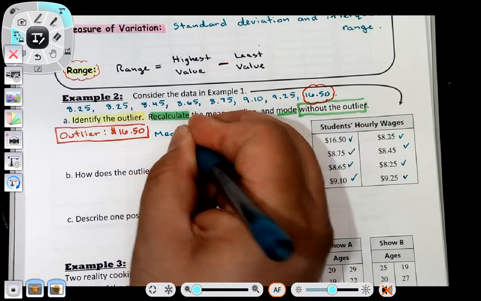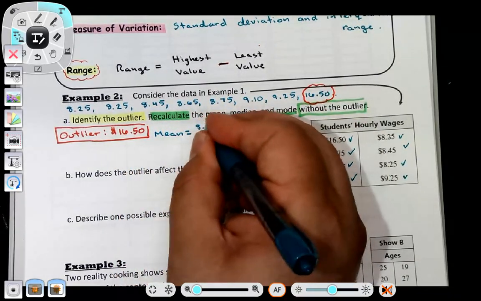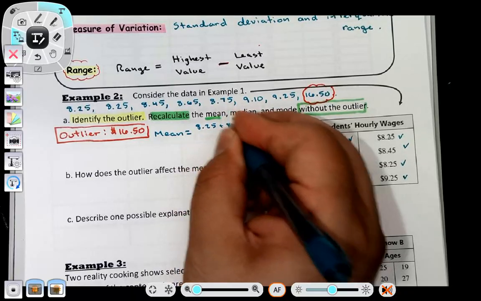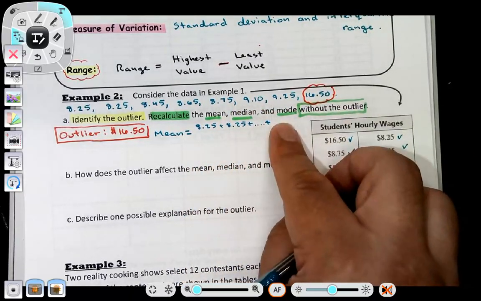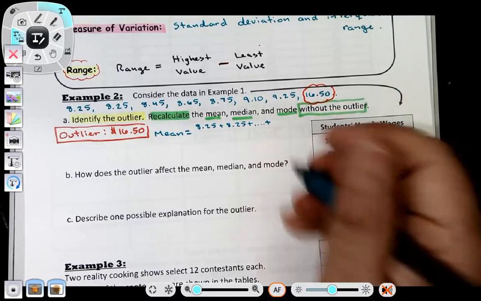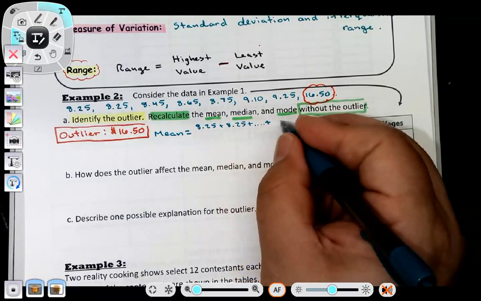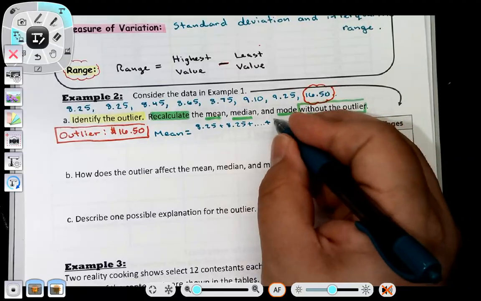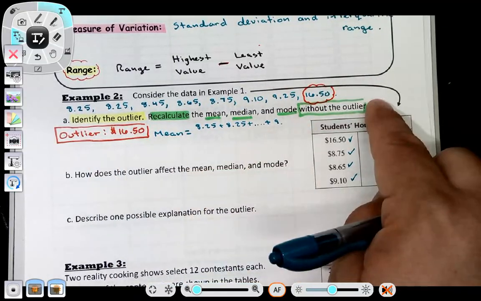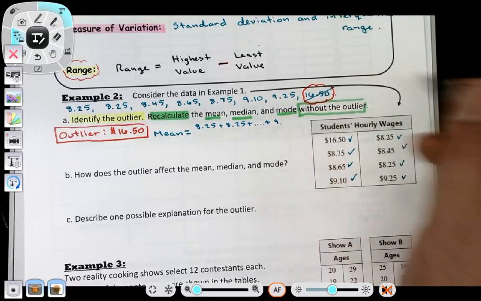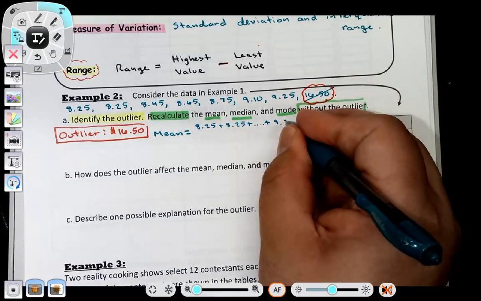The mean, I'm going to add the 825 again. I'm going to add all these numbers until I get to what last number, though? What's the last number I'm going to add on this list? Yeah, the 925. Remember, they said, take out the outlier. They said, get it out of there. So I'm stopping it at 925.